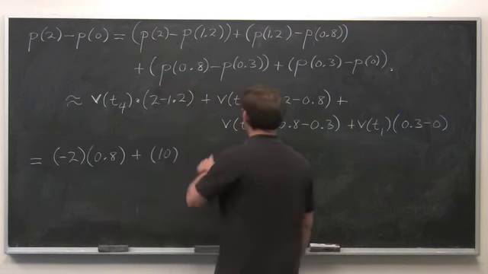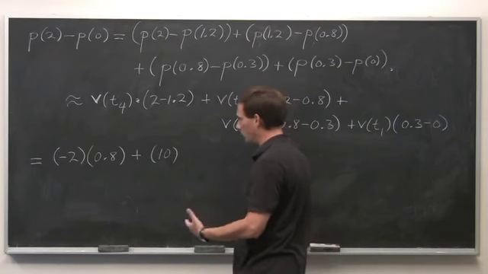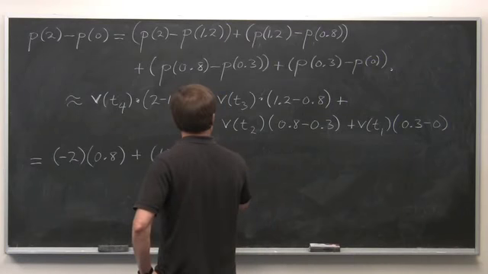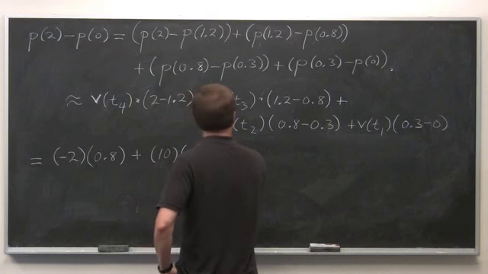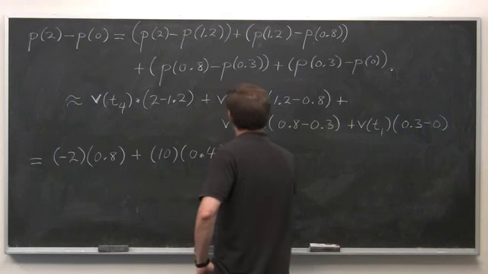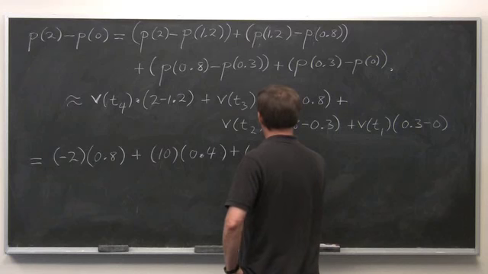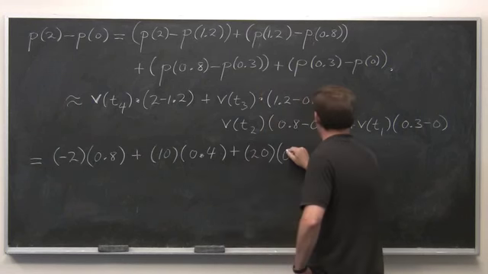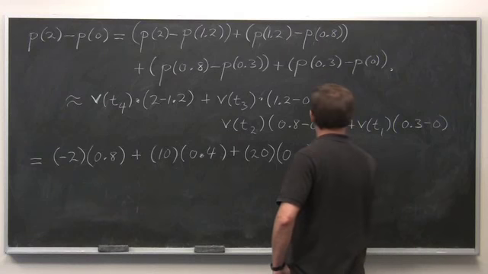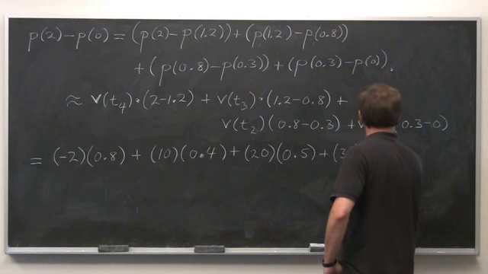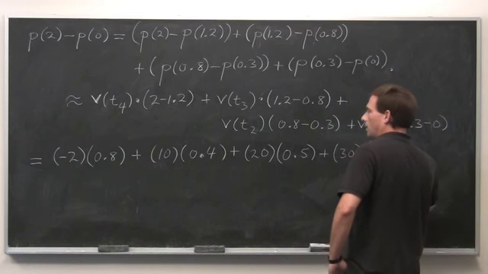I'm dropping the units, but it's meters per second and seconds, so we're going to end up with meters. 10 times 0.4, plus the velocity at time t2, which is 20, times 0.5, and the velocity at time t1, which is 30, times 0.3.